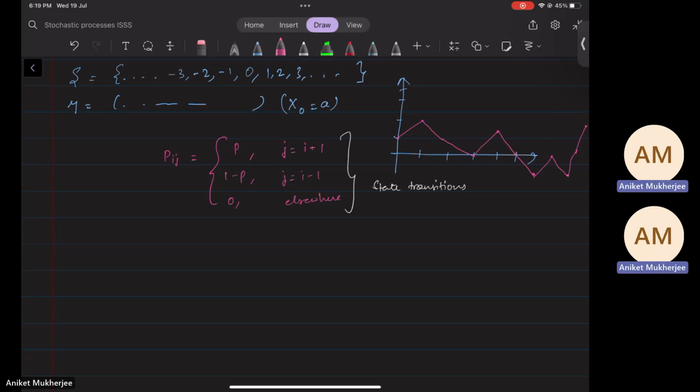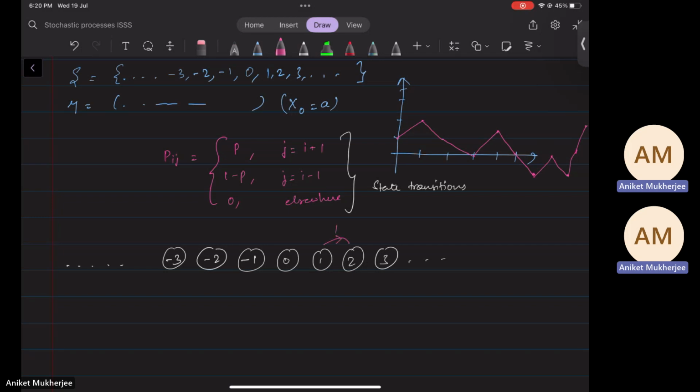Then you have state transition diagrams. So you draw out the whole state space. You have the negative numbers, -3, -2, -1, 0, 1, 2, 3. Suppose you start with 1 rupee.